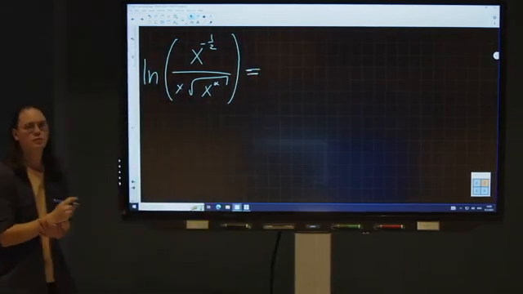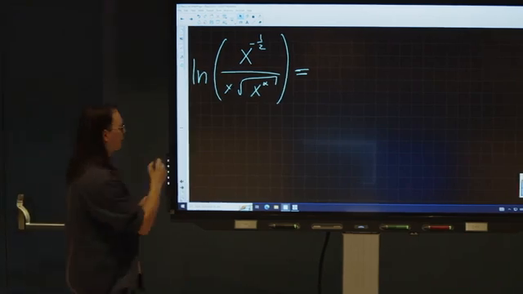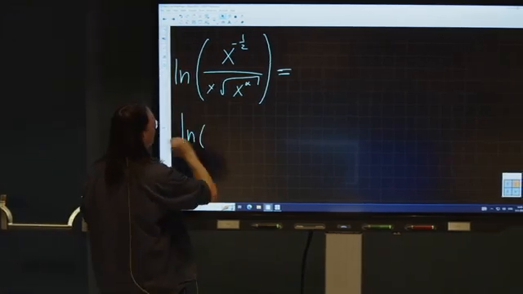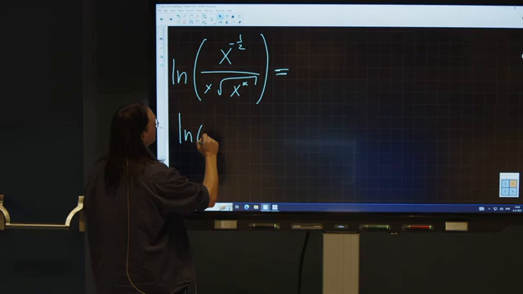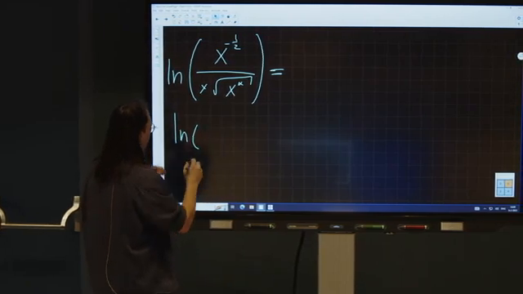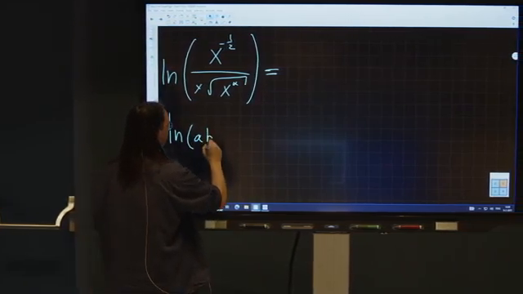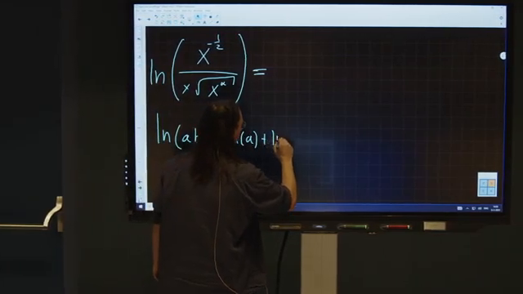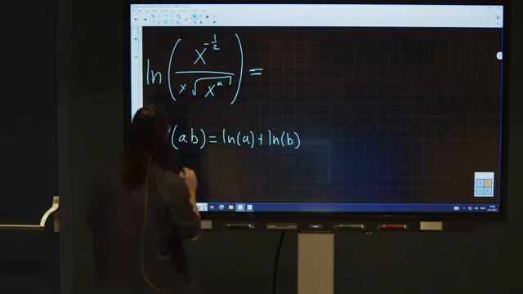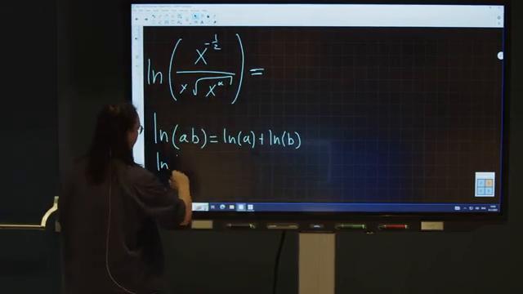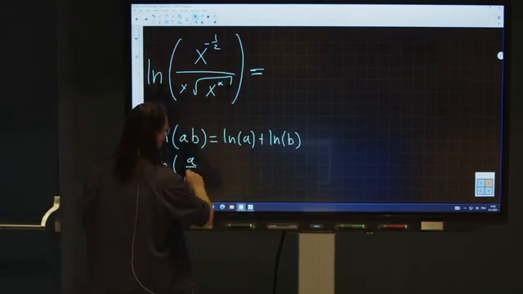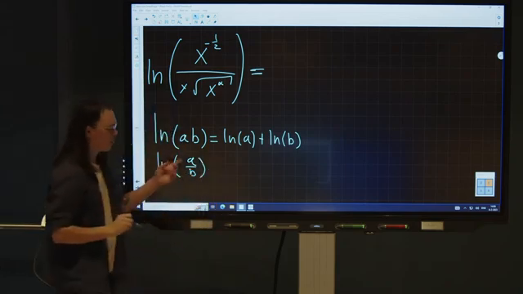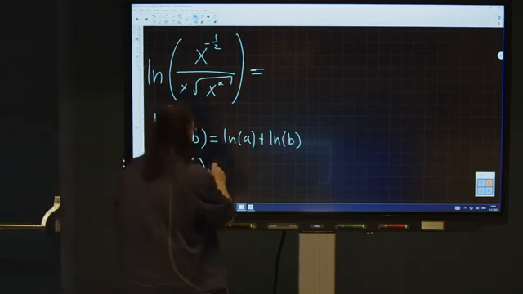and then we can consider our rules for logarithms. In particular, we have a few interesting ones, namely the product goes to a sum. Similarly, a quotient goes to a difference.